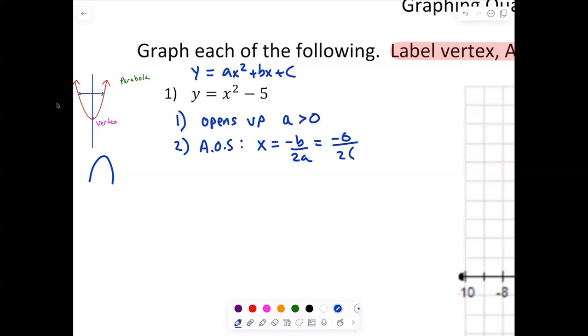What's the number in front of the x squared term? 1. What's 0 divided by 2? 0. There you have it. So the axis of symmetry is just x equals 0.